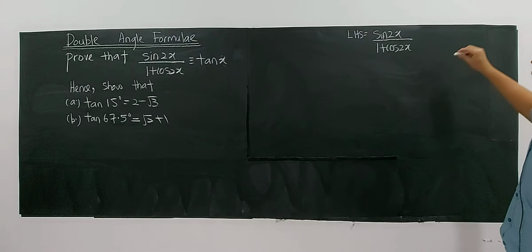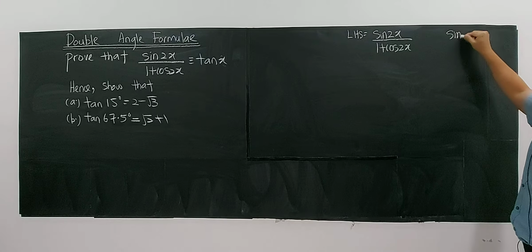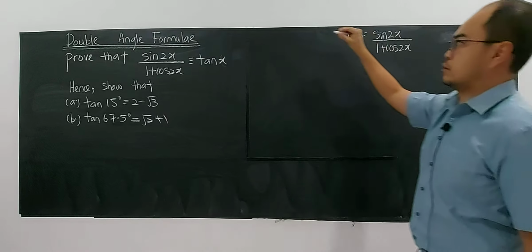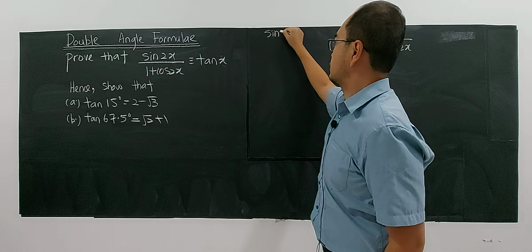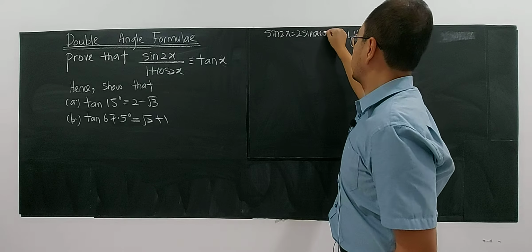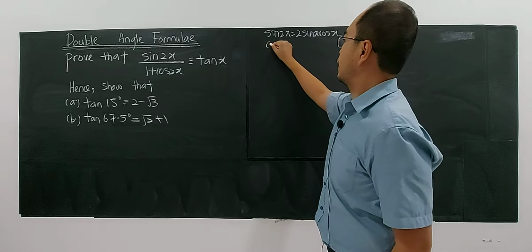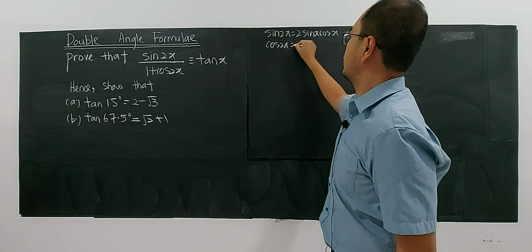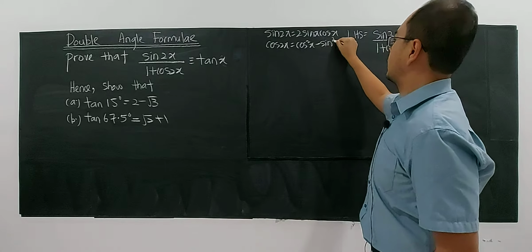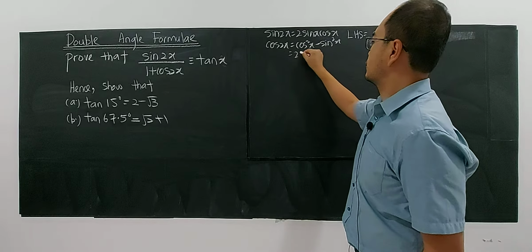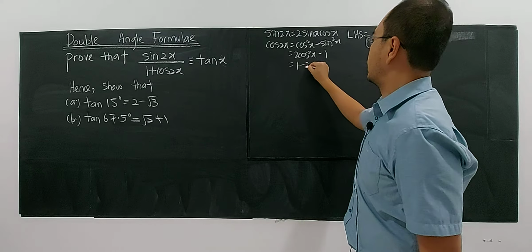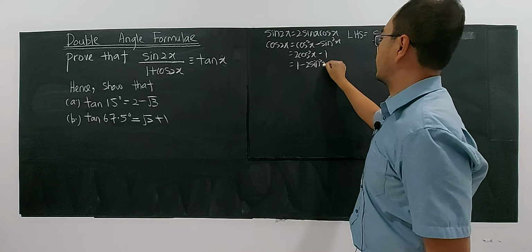And you know that for sine 2x you have 2 sine x cos x, and for cos 2x you have cos square x minus sine square x, 2 cos square x minus 1, and 1 minus 2 sine square x, right?